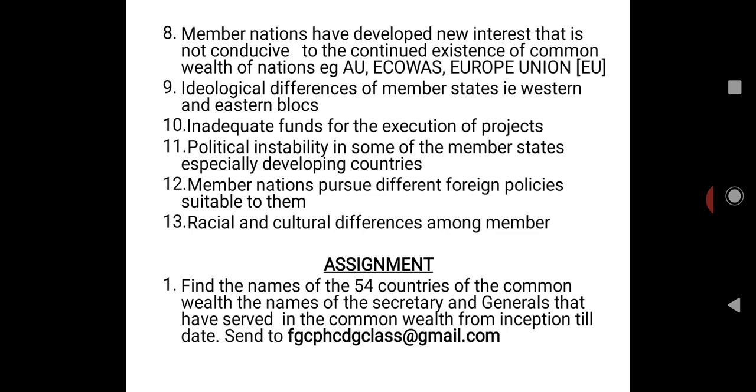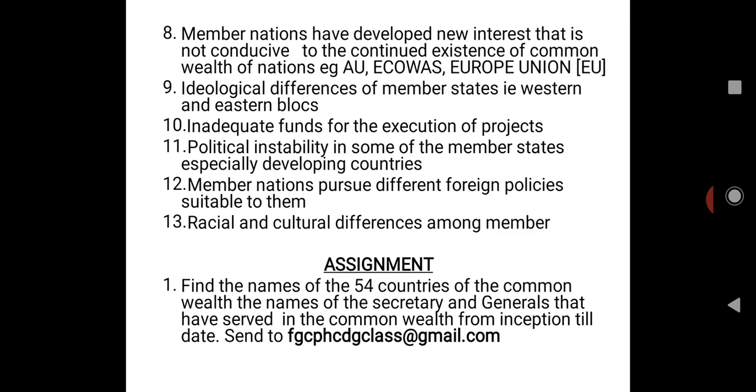Again, we have ideological differences of member states. Some countries are pro-Western, while some member states are pro-Eastern blocs.